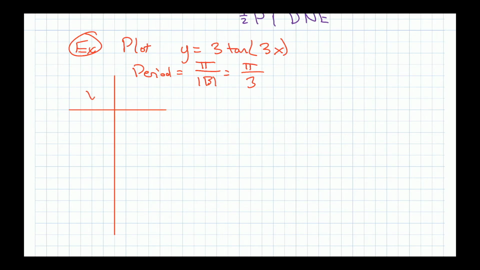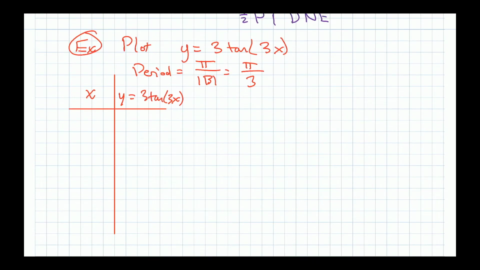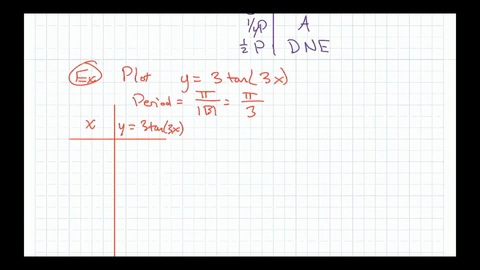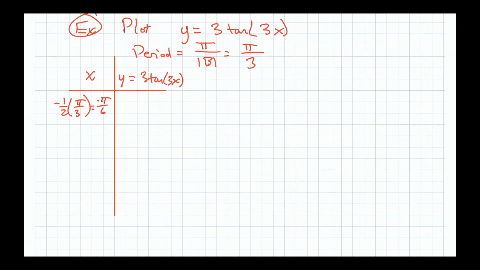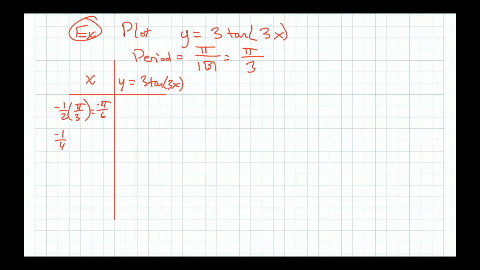Now, from there, honestly, you can go straight to making the table because the table is pretty simple here. So you have your x and y equals 3 tan 3x. So your x values are going to be negative 1/2 period. I put that wrong. What's the period? The period's pi over 3. So what's that work out to? Negative pi over 6. Then negative 1/4 period.